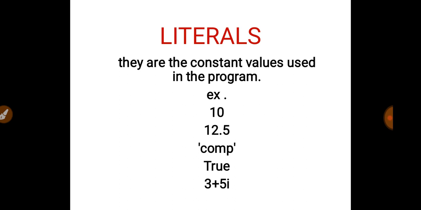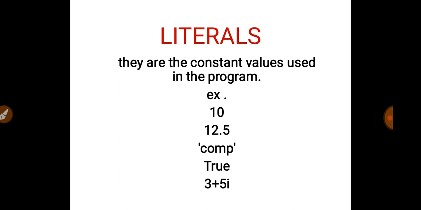comp is a word, and it is known as a string constant, and any type of string constant must be written in a single quote or double quote or a triple quote. There is also a boolean constant, and boolean constant may be declared as true or false. One thing you need to remember is that the boolean constant must not be given in single quote, double quote, or triple quote.